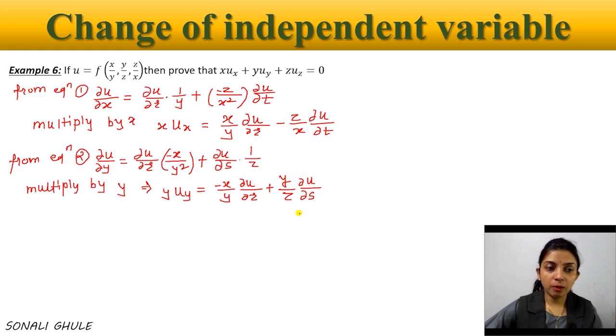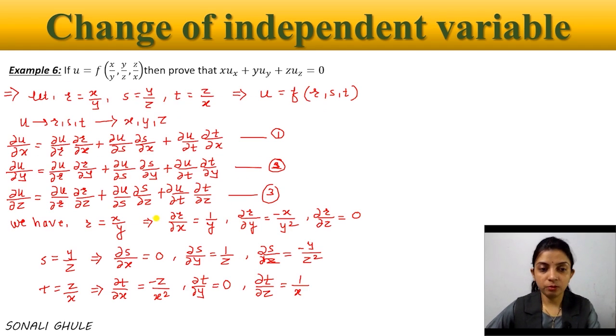Okay. Now the last value we have to find, that is z into uz. So for that we have to use the third equation. From equation 3, that will give me the value of u with respect to z. Okay, so let's see what happens here. If I use this equation, r with respect to z is what? 0.